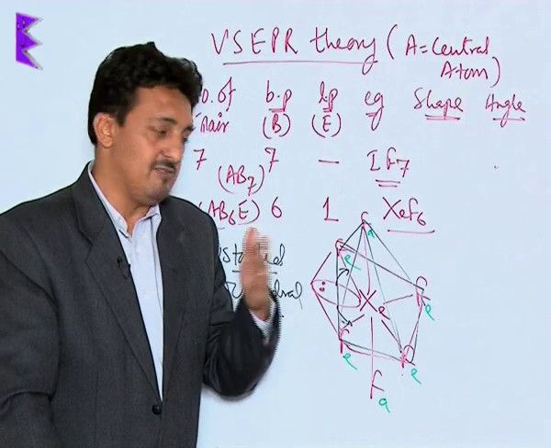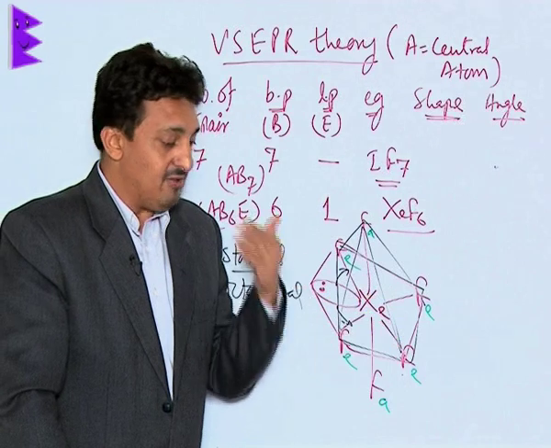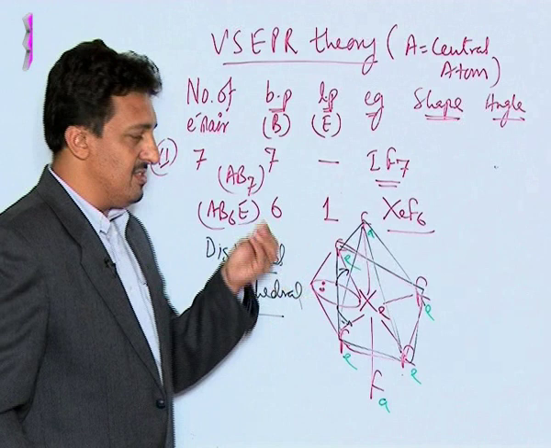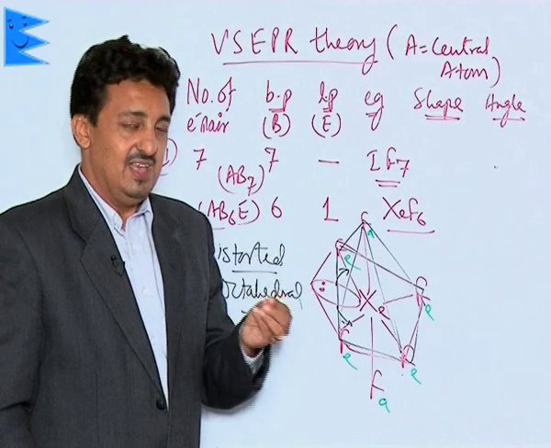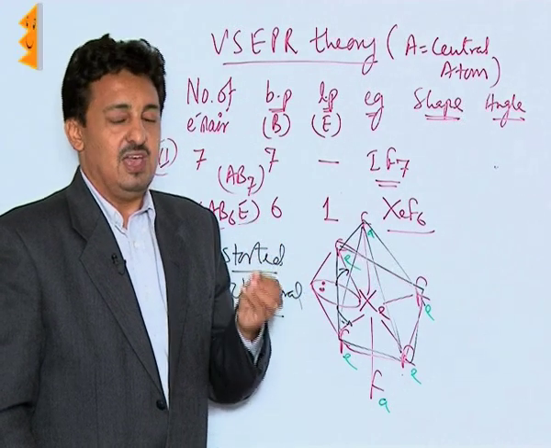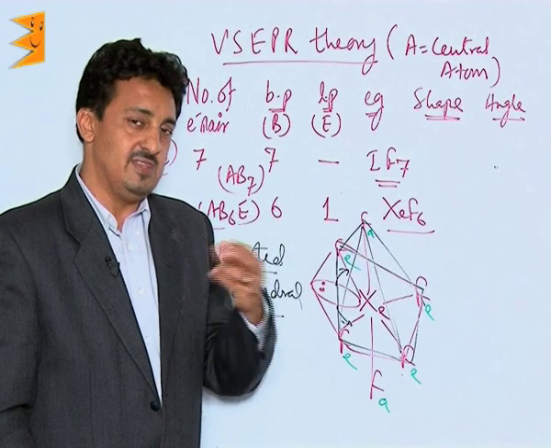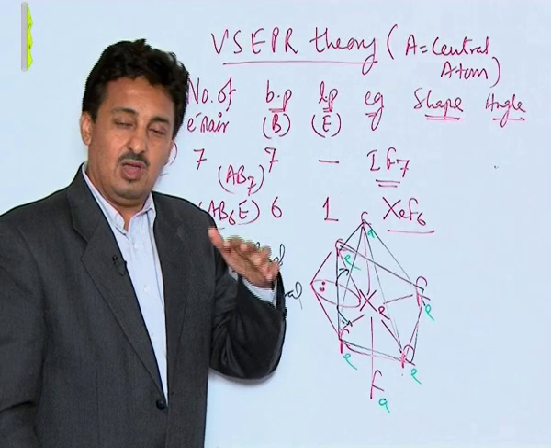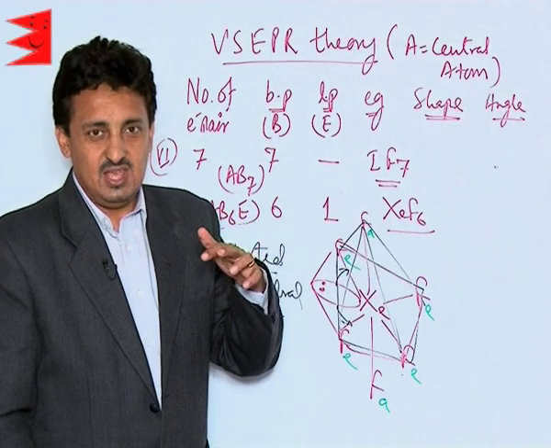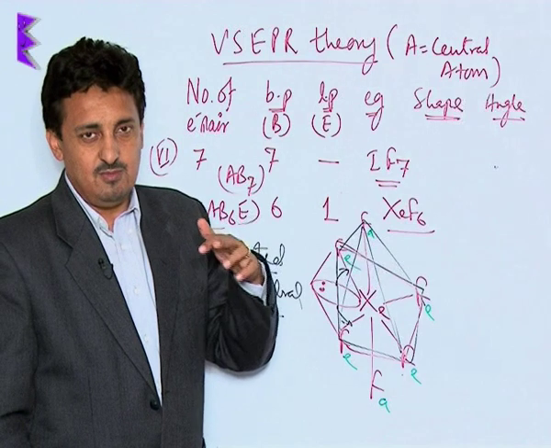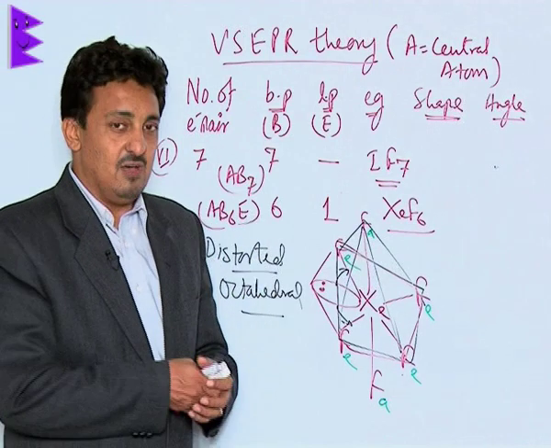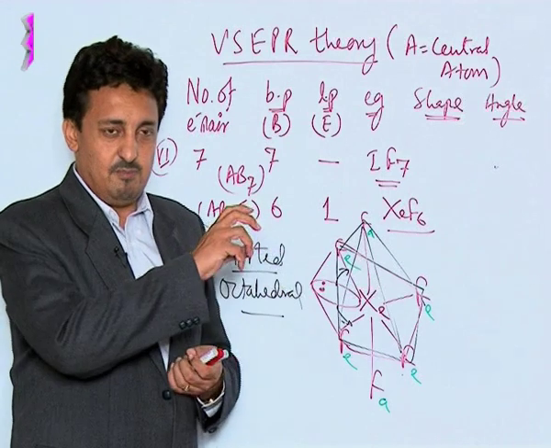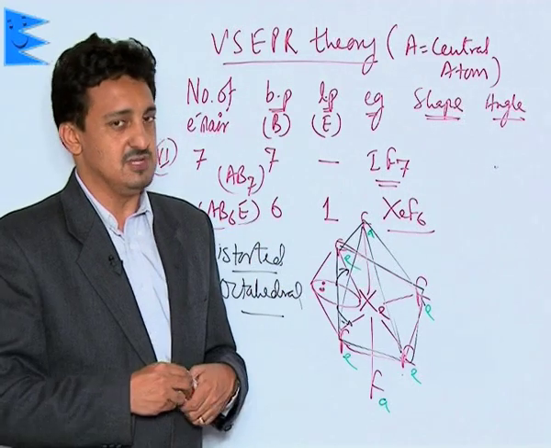Even hybridization, which we'll learn now, is actually based on this theory, because it rests on the very basic fact that the interelectronic repulsions around the central atom keep hold of the molecular species' energy and decide the possible shapes, because these electron pairs are arranged in such a way that repulsions become minimum.